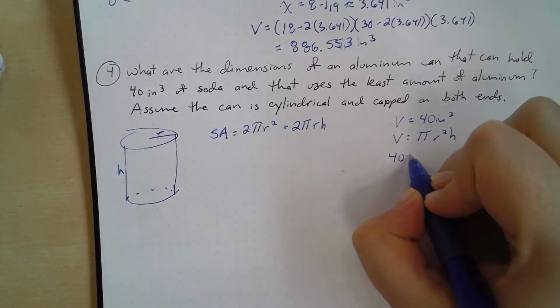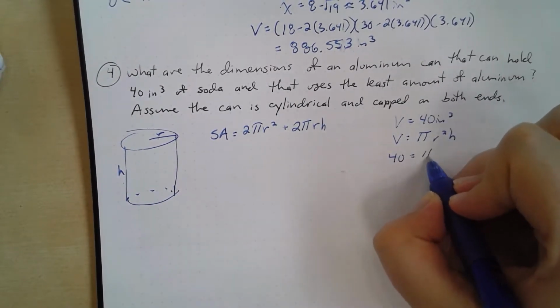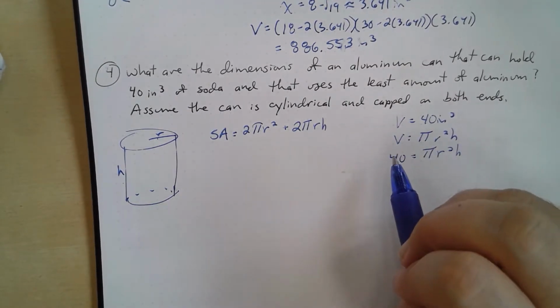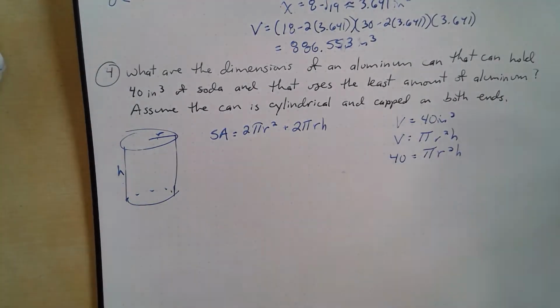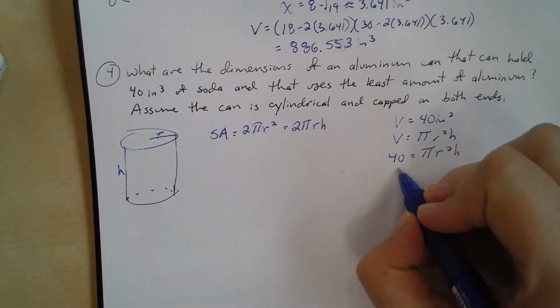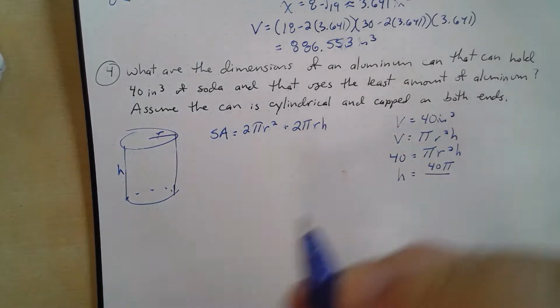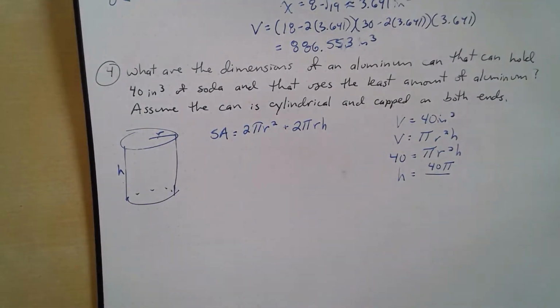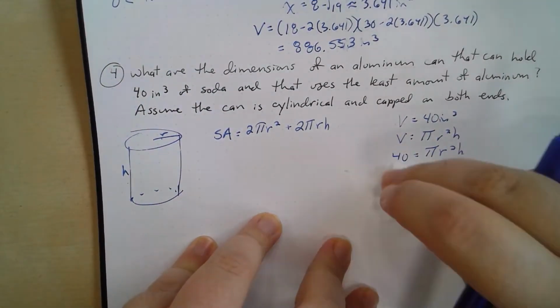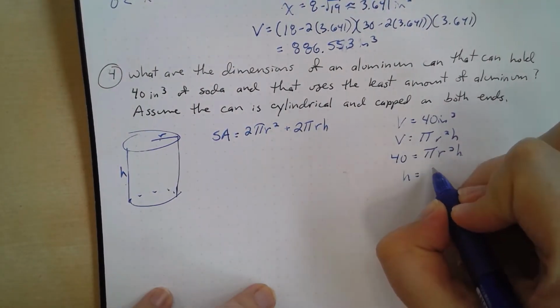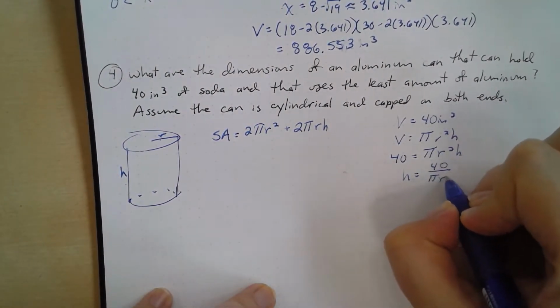So 40 is equal to pi r squared h. We want to get this in terms of h or r, and I'm going to get this in terms of h. So h is equal to 40 over pi r squared.